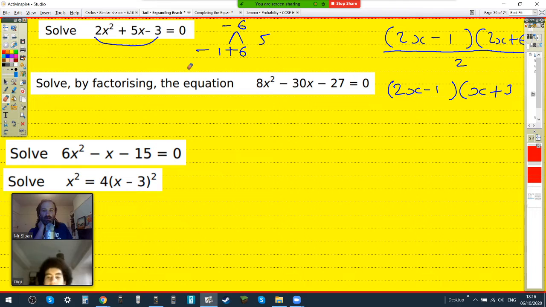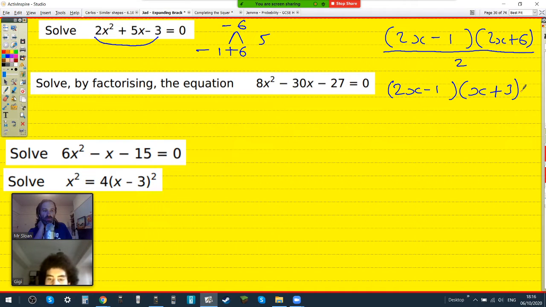Solve. So x is either minus 3 or 0.5. Or a half. Same thing. Great.